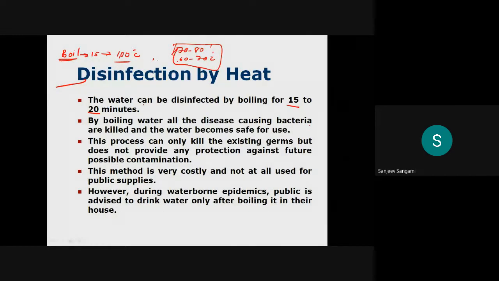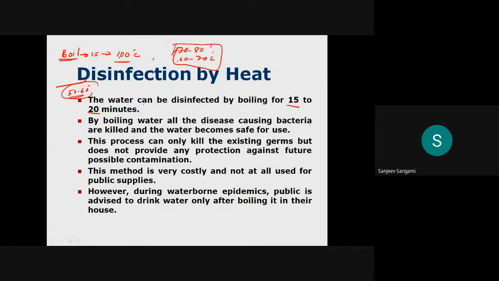Remember, when we say boiling, it means 100 degrees centigrade should be maintained for 15 to 20 minutes. Sometimes many people just heat for about 2 to 3 minutes. If you check the temperature of that water, it will be around 50 to 60 degrees, so that won't work.